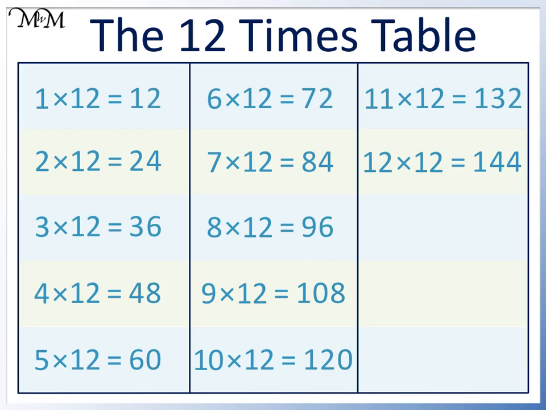We can also add 60 to the previous times tables to help us remember the numbers. So 12 plus 60 equals 72.